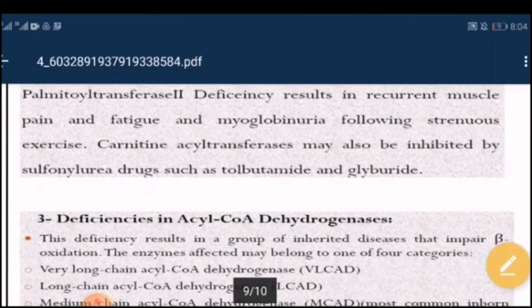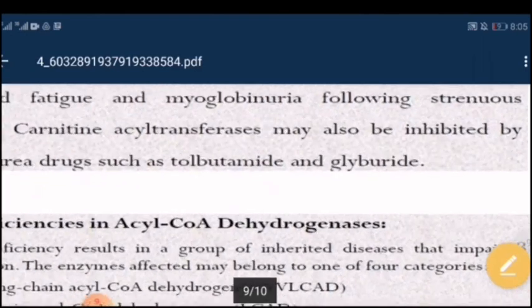You need to know that carnitine acyltransferases, which are the translocase enzyme, if you remember, may be inhibited by a type of drugs known as sulfonylureas, and here are 2 examples.